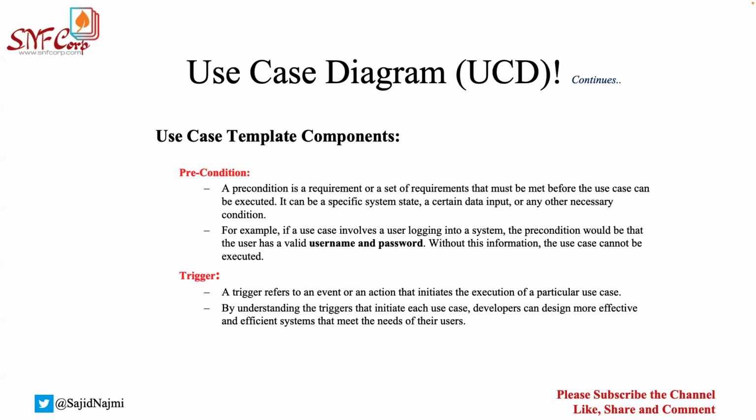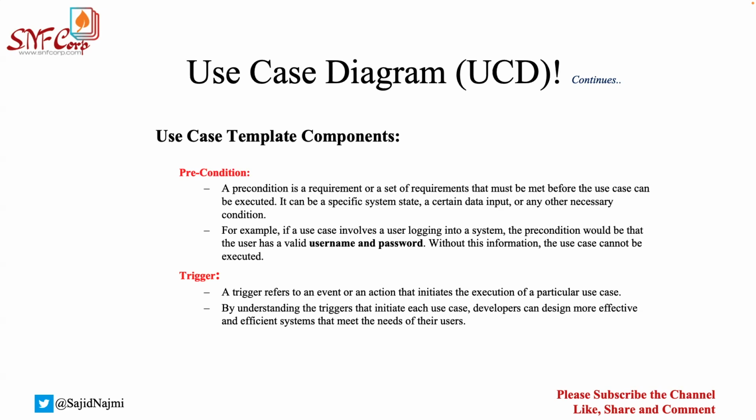So there are some preconditions. Preconditions always come from the business. As a business analyst, you will go to the business and the business will give you some preconditions. An example, in order for you to log in, you must have a valid username and password. So your use case will not start unless you have a username and password. That is the precondition.